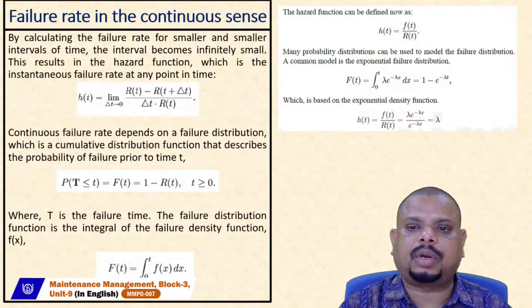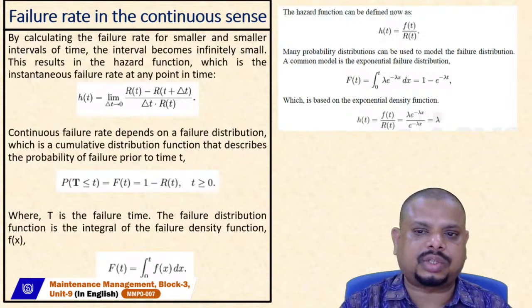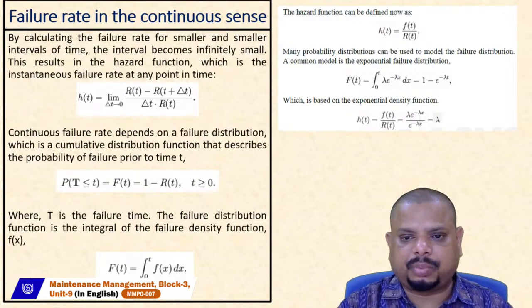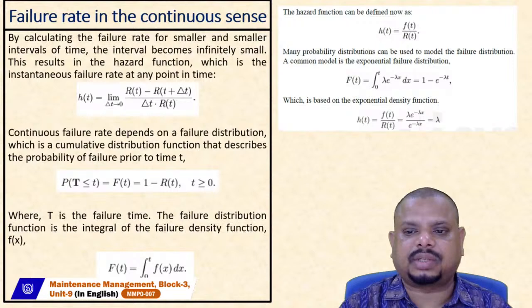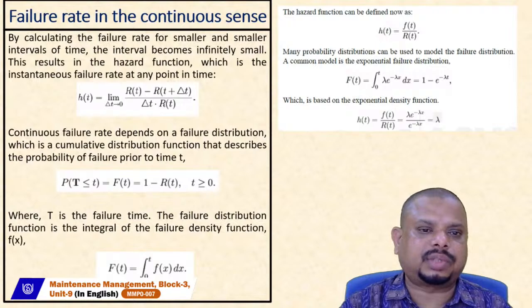So this is the common model for the exponential failure distribution, which is equation 5 for the continuous case in failure rates. Based upon the exponential density function, h(t) equals f(t) divided by R(t), which equals lambda e to the power minus lambda t divided by e to the power minus lambda t, so that equals lambda. So here the exponential hazard function equals the failure rate, which is denoted as lambda. This is equation number 6.